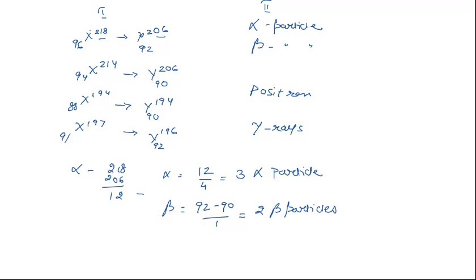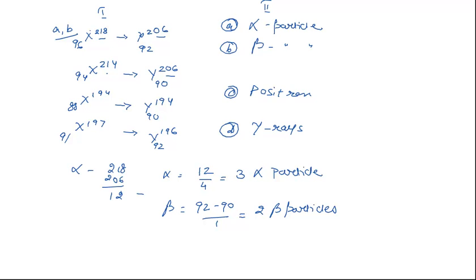So in the first case we have got both. Say I am marking it as A, B, C, D. In the first case, what all are the emissions? A and B. Now in the second case, what all are the emissions, students? 214 to 206.